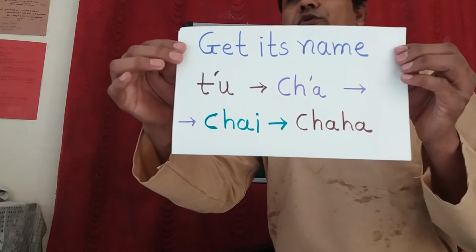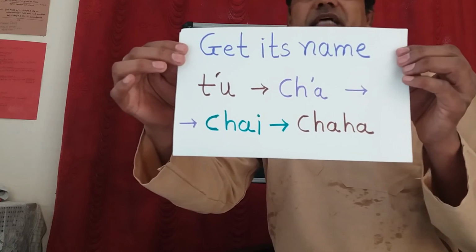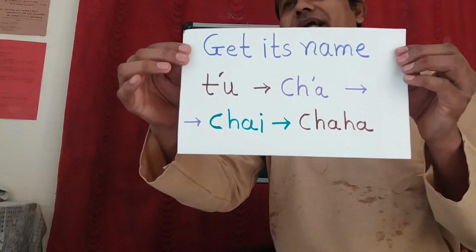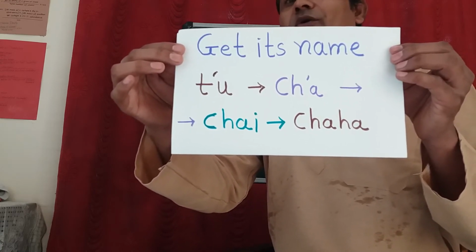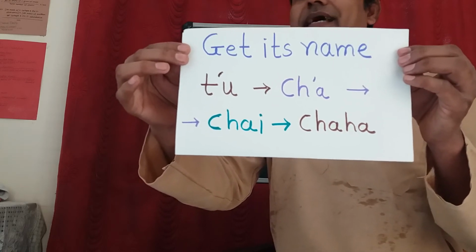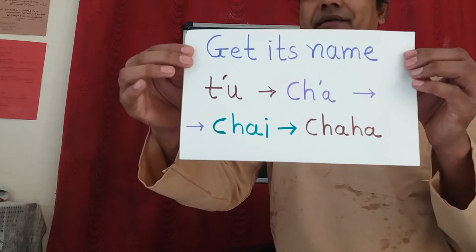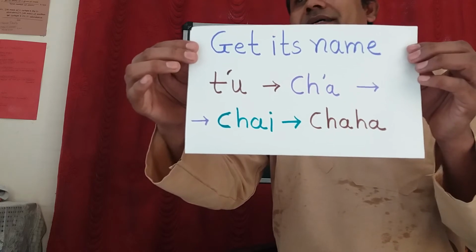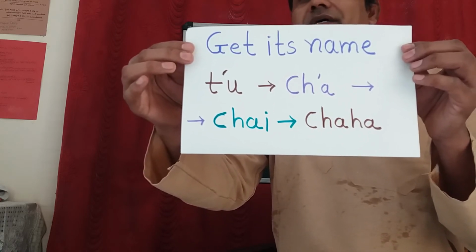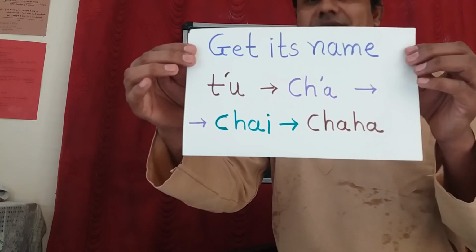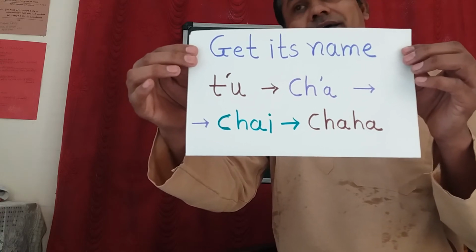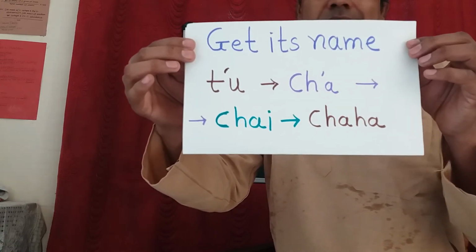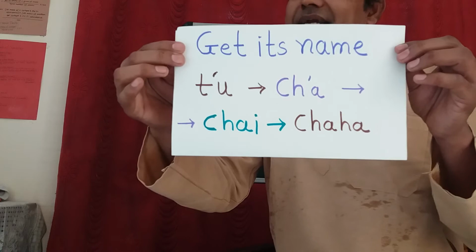British people were also using ch for China tea. And nearer to the ch word, there is another word, chai. All over India, the word chai is used to refer to tea. And in Maharashtra, we use chaha to refer to tea.